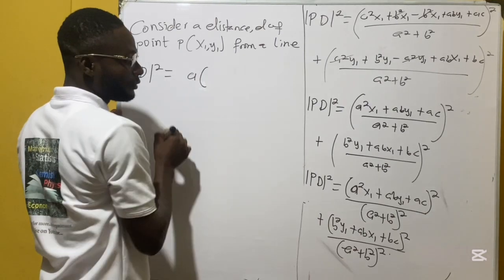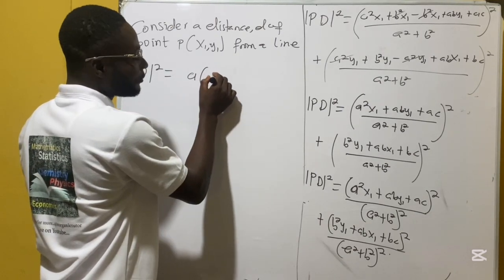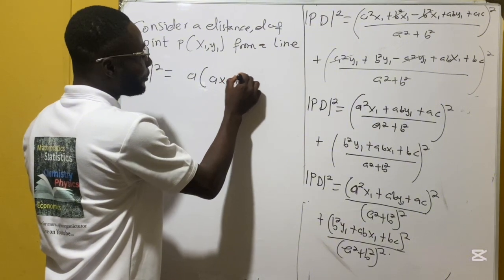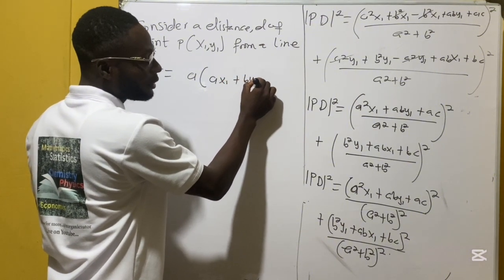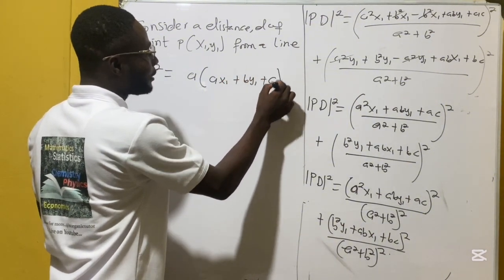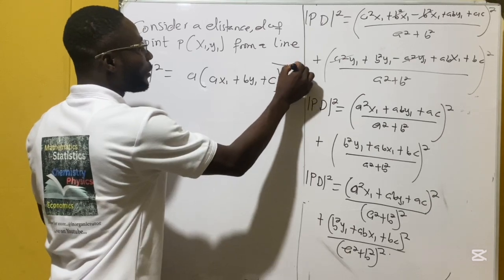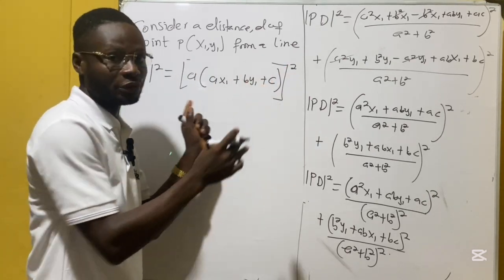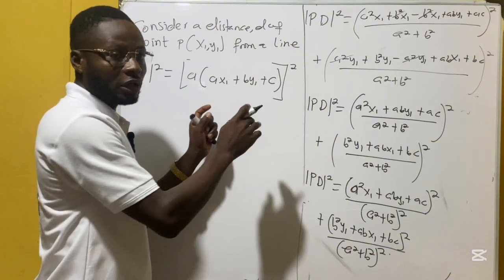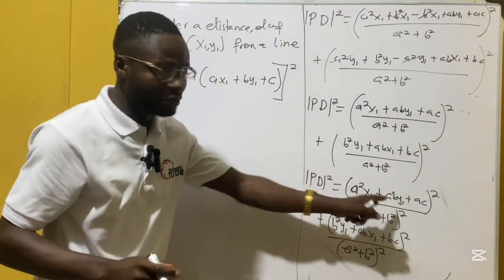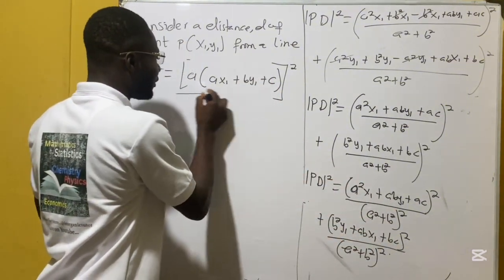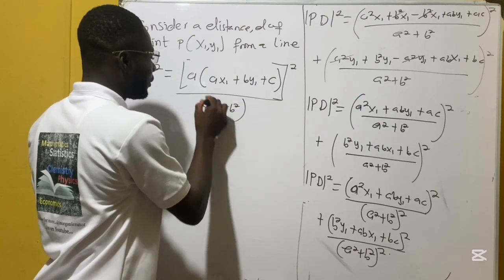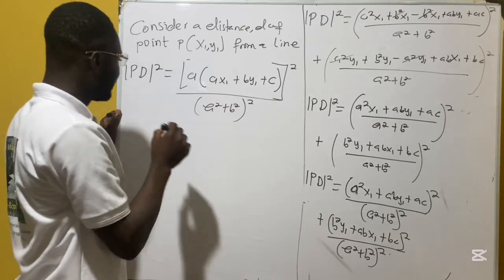So we have A inside: A x1 plus B y1 plus C, and then this all squared. When you expand this and square again, you return to this information, all over A squared plus B squared, all squared, right?